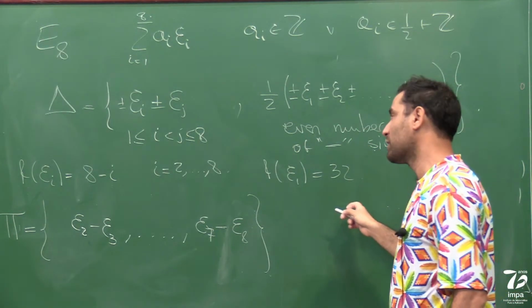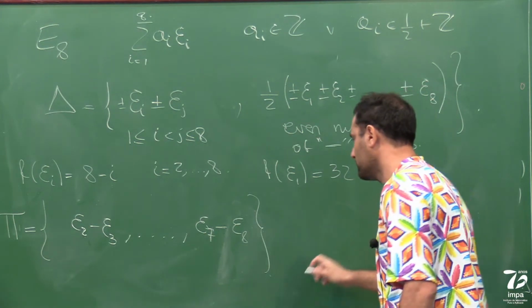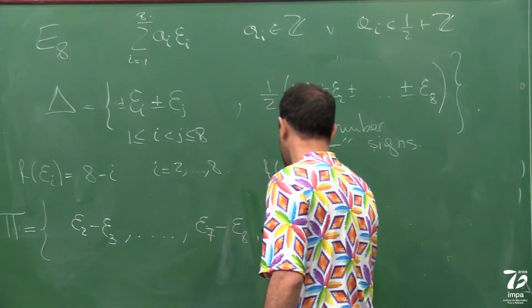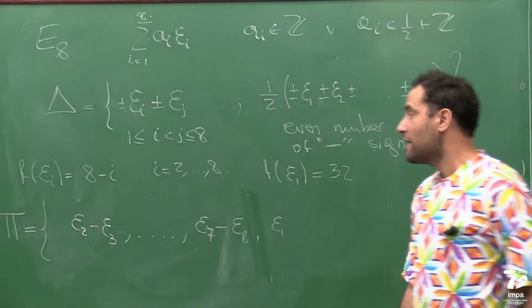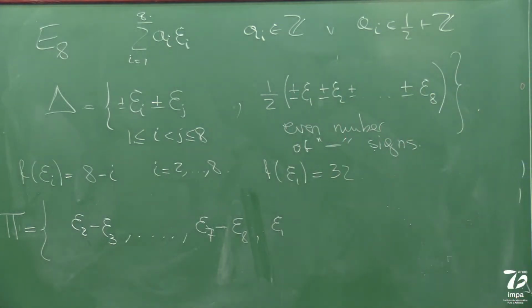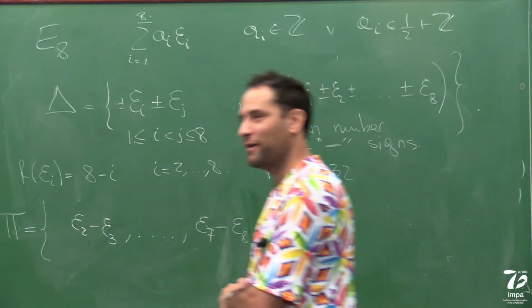Okay? So that's almost what you wanted. So I'm going to take plus epsilon 1. Let's add this here. Epsilon 1 with a plus. Now I need to have at least one extra plus sign. And I was wrong.